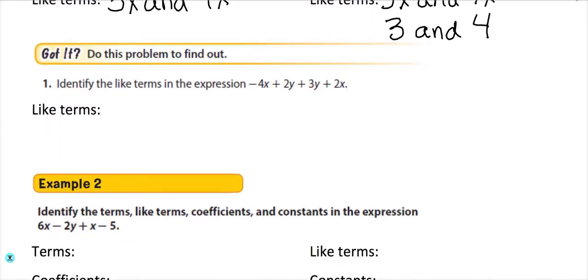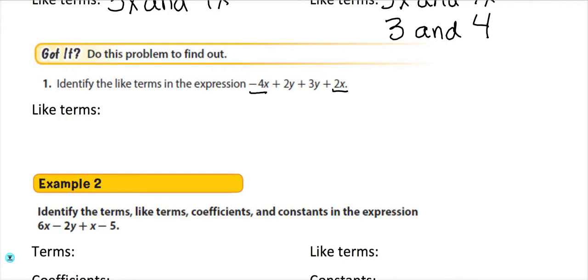All right, let's go ahead and try the guided question by ourselves. We have -4x plus 2y plus 3y plus 2x. So what are the like terms? Well, I have a -4x and a 2x. It doesn't matter that one's negative and one's positive. They have an x in common. That's what we're looking for: are they in the same family, do they have the same variable?